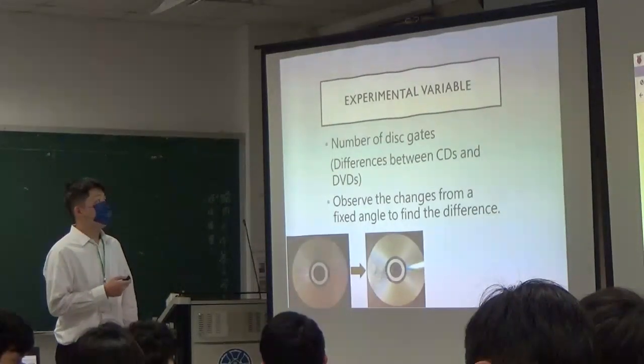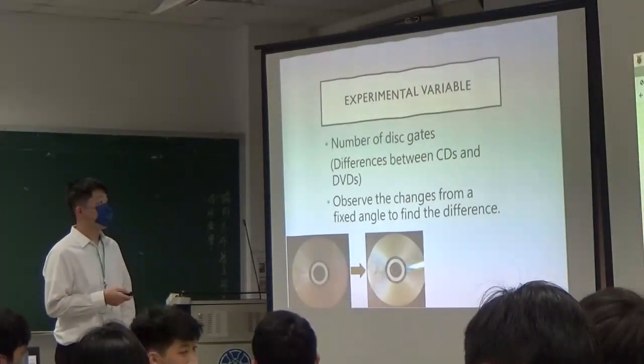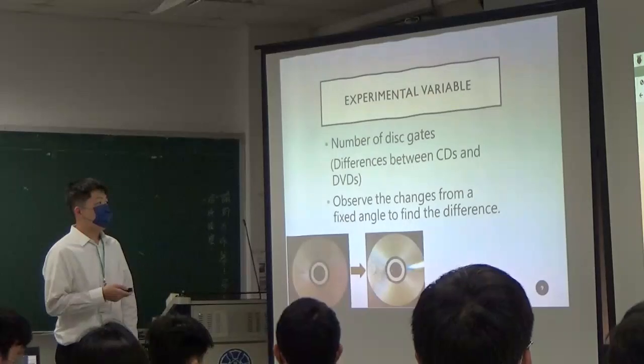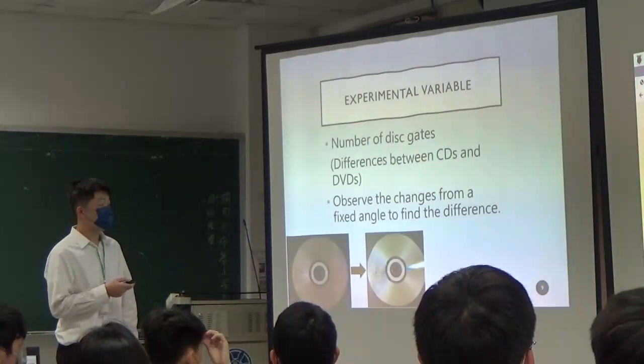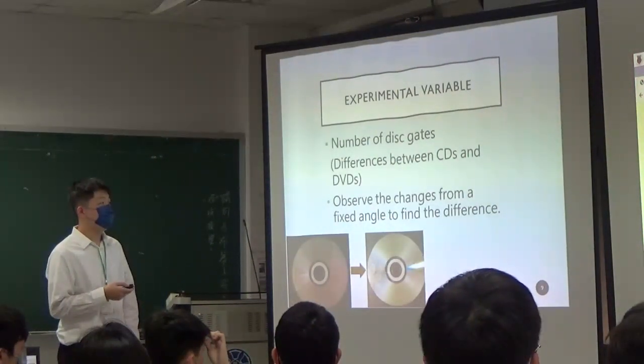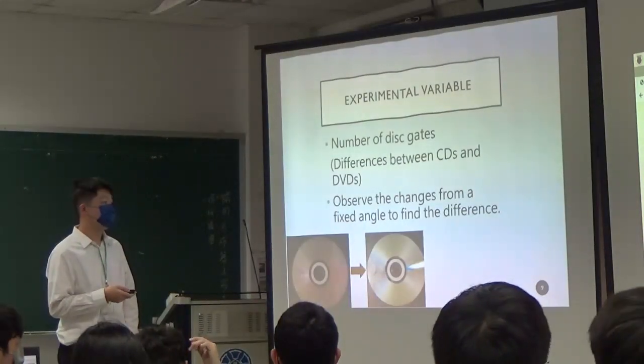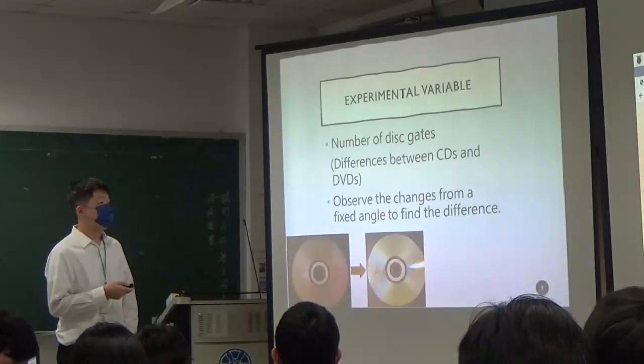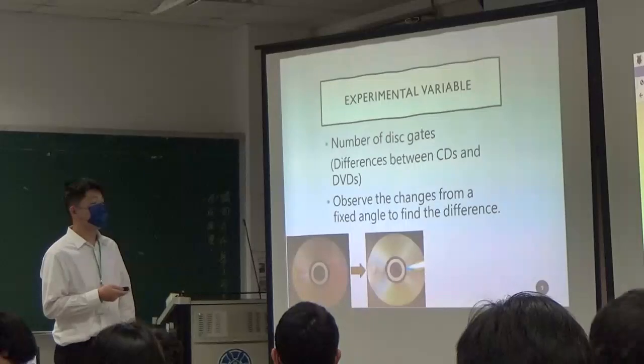This is the experimental variable. I will number the discs; there are differences between CDs and DVDs. I will observe the change from a fixed angle and find the difference.